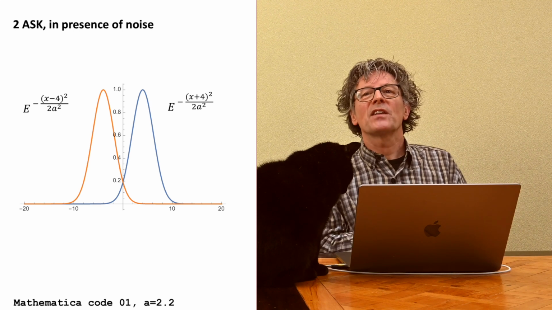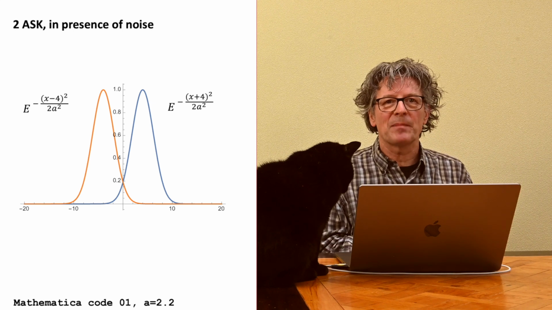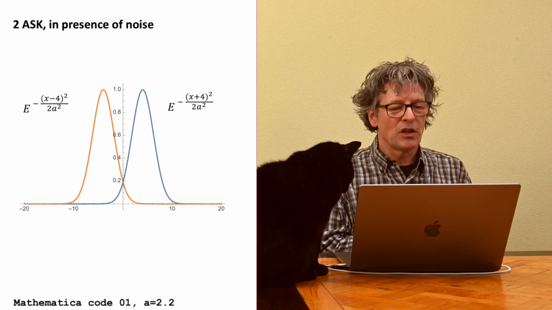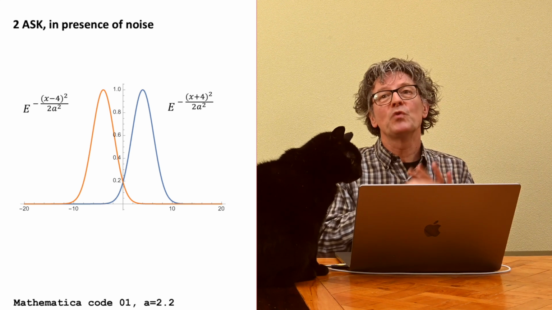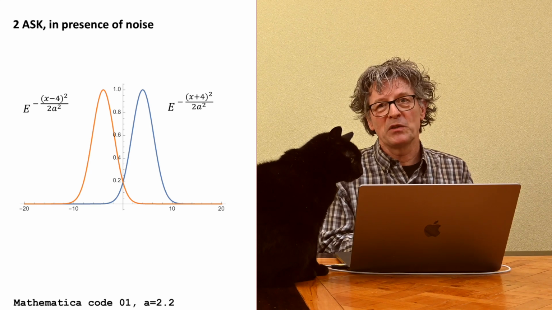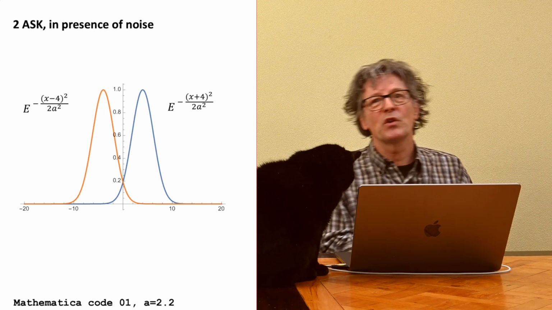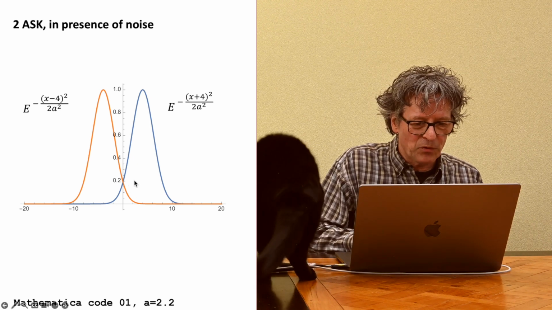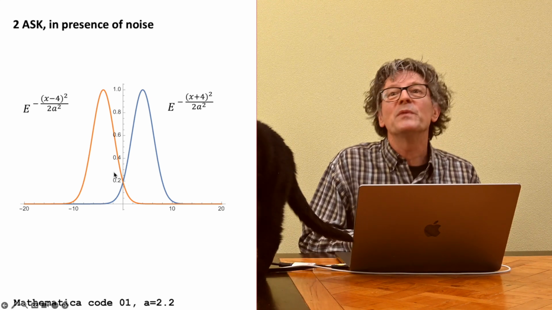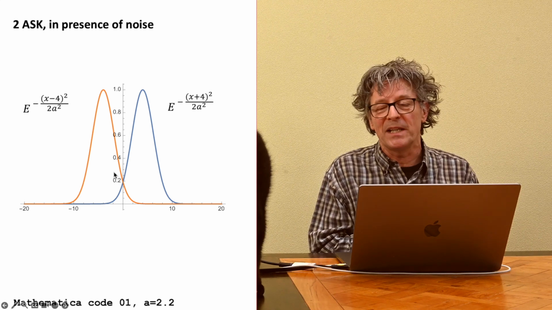Now let's add noise to it. We're going to increase this parameter A, which parameterizes the noise, to a value of 2.2, and we see both noise around the value representing bit 0 and noise around the value representing bit 1. The problem we're going to have, of course, is in this overlapping region around 0, where wrong decisions are being taken.